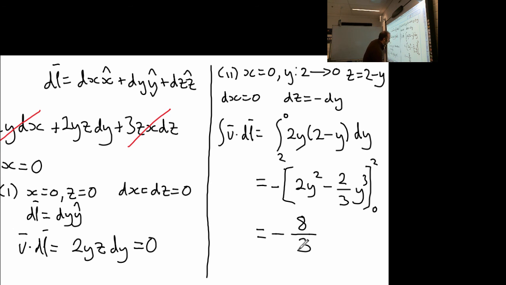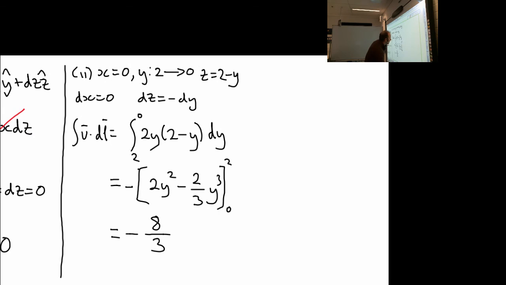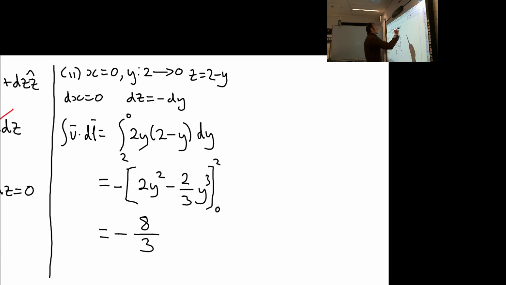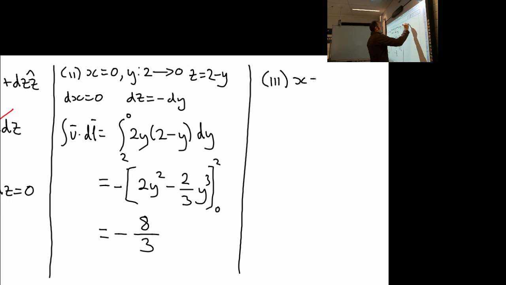So now for the third side. Well, for the third side, we have x is equal to y is equal to 0. Z now goes from 2 to 0.